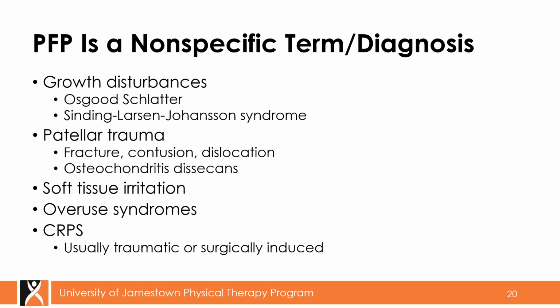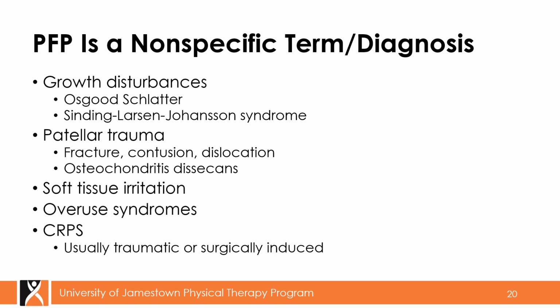Some other factors that may be playing a role in a diagnosis of patellofemoral pain would be growth disturbances. These 2 specific examples of diagnoses are associated with those growth disturbances. You've probably heard of Osgood-Schlatters. I'm sure many of you have had Osgood-Schlatters before. Sinding-Larsen-Johansson syndrome is another one that is associated with growth disturbances.